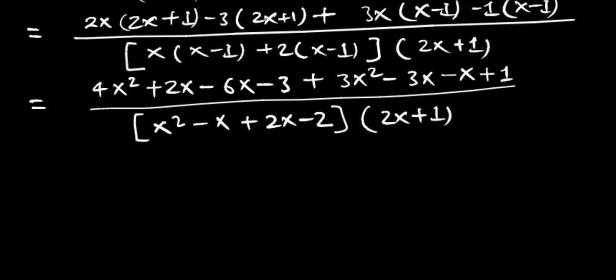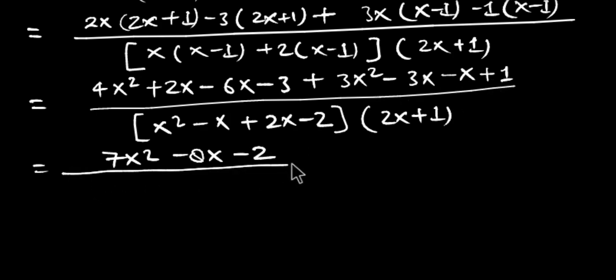Now we have 4x square and 3x square, so 4 plus 3 gives 7x square, and 2x minus 6x minus 3x minus x gives minus 8x, and minus 3 plus 1 is equal to minus 2.